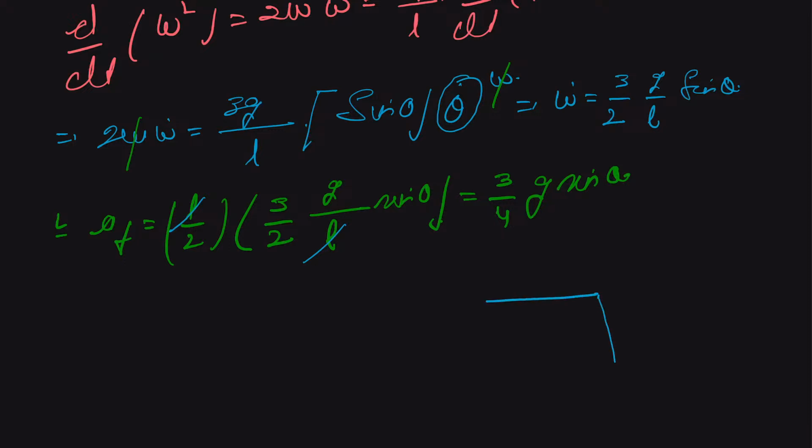For that we can just draw the figure once again, and we have a stick, and this stick is at an angle of theta with the vertical, and we can have our mg in the downward direction, and this point B is the point of contact, therefore the normal will be in this direction.